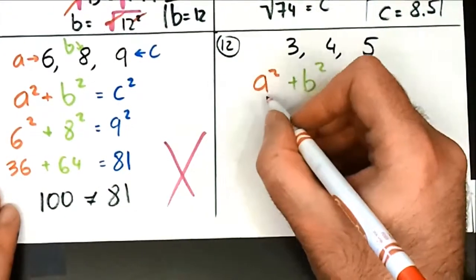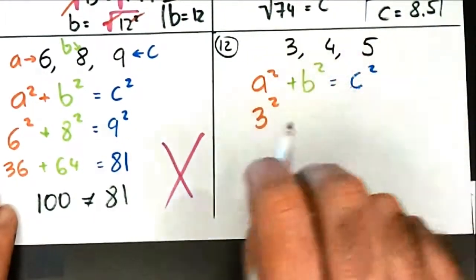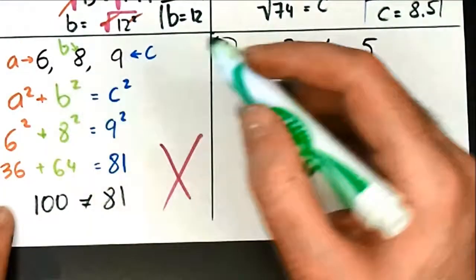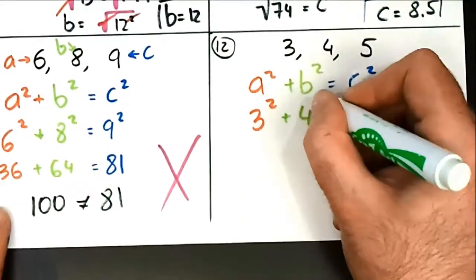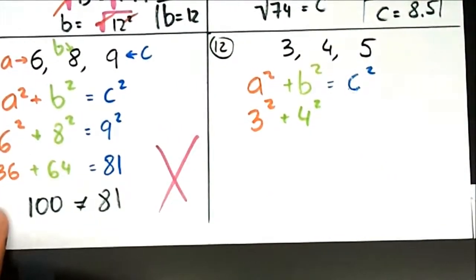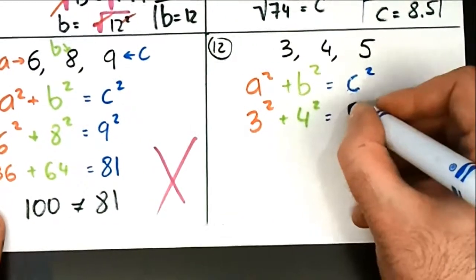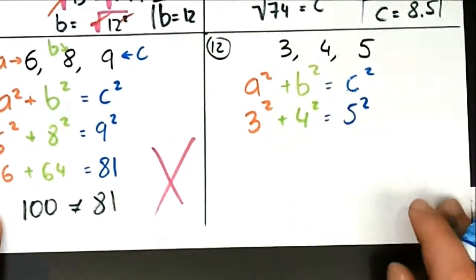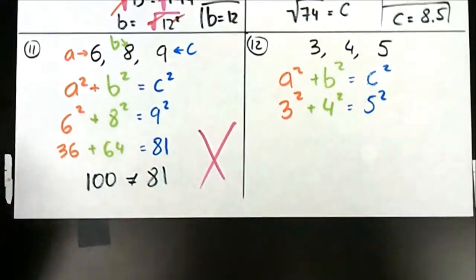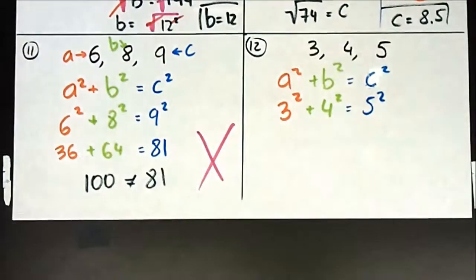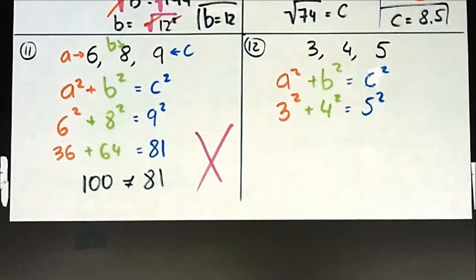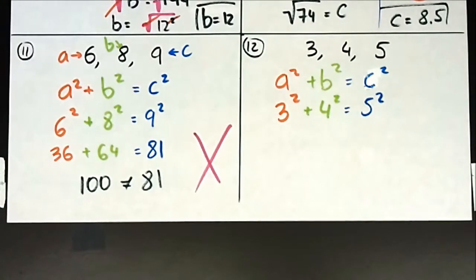Shortest side is 3, so that's going to be my A. The middle side is 4, it's going to be my B. And the longest side, the hypotenuse, is C. What's the answer to 3 to the second power, 4 to the second power, and 5 to the second power?